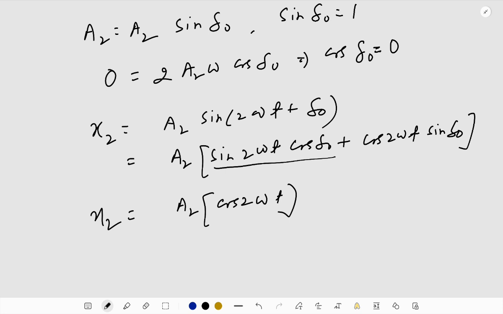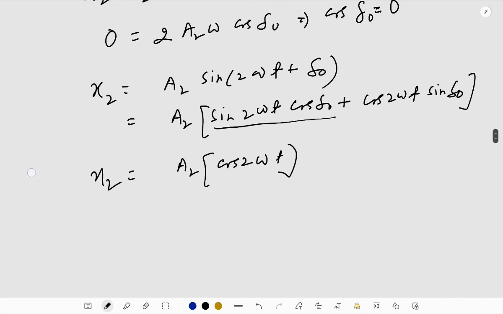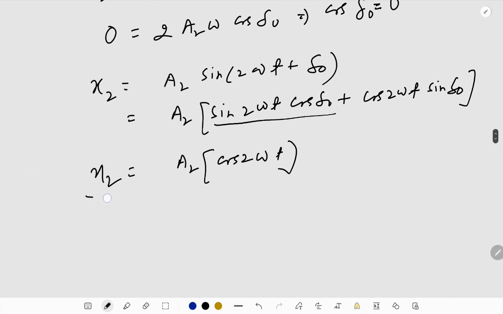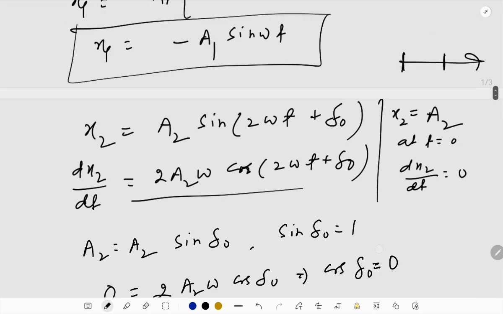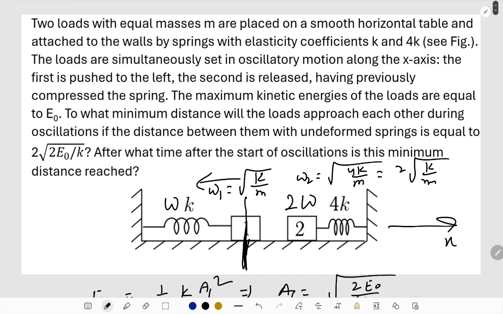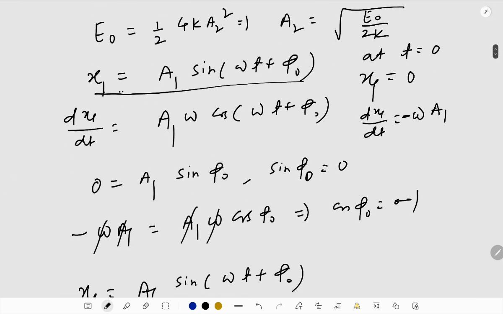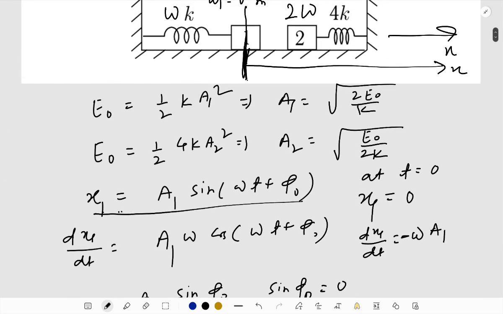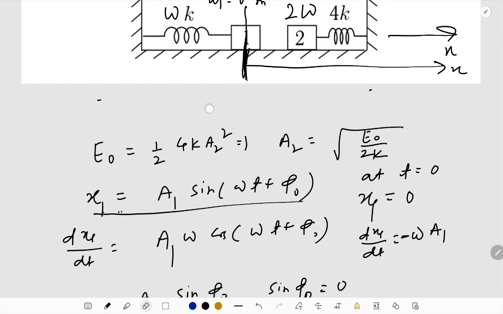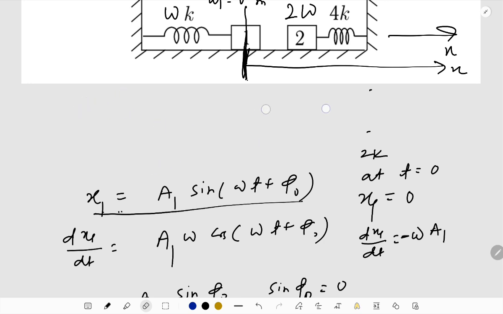But their origins are different, and there was some difference between their origins initially when the springs were undeformed. So instead of writing x2 simply by this, I can take a common x-axis whose origin is here, and I can write both the equations like this.